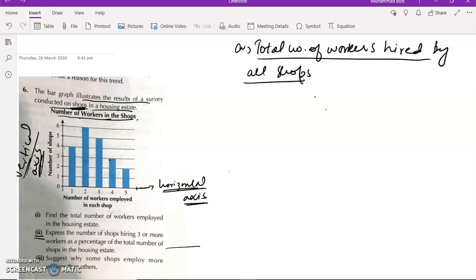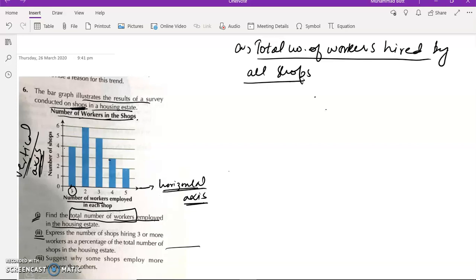Now what is required? Part A. Find the total number of workers employed in the housing estate. They are telling you to calculate the total number of workers. Let me explain the bar graph 1 to you. In bar graph 1, on the x-axis, the number of workers is shown.